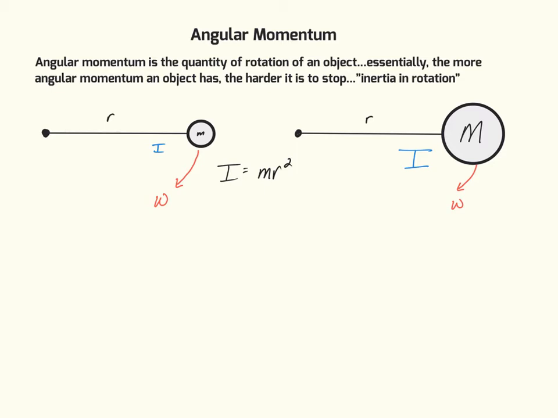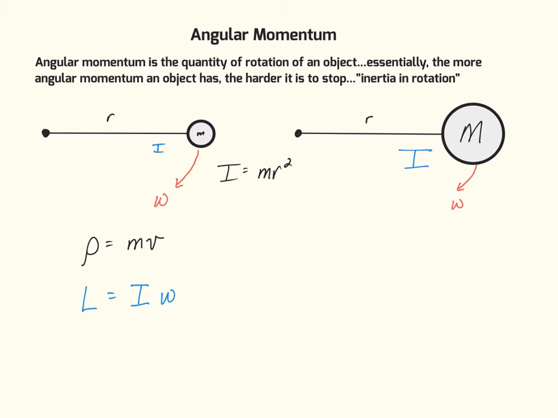Now I like to present all of these rotational motion things in terms of things that we already know. So when we think back to linear momentum, we had momentum is equal to mass times velocity. Well, in angular momentum, we're going to have angular momentum is equal to moment of inertia times angular velocity.